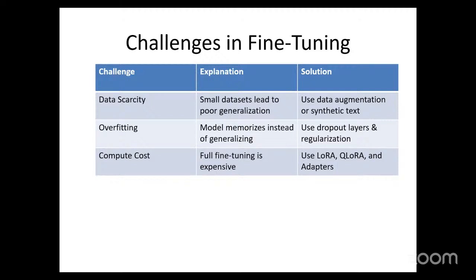Then comes overfitting. The model memorizes instead of generalizing. It starts to memorize the input data you have given for a specific domain. That is one of the challenges we face. And then compute cost. It is quite expensive because you might need to spend some money on the techniques we discussed so far.